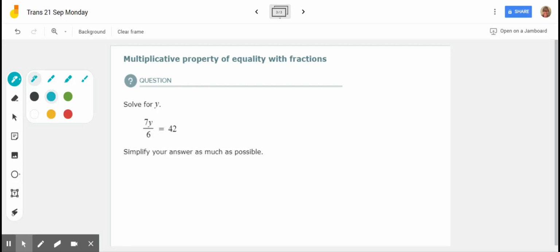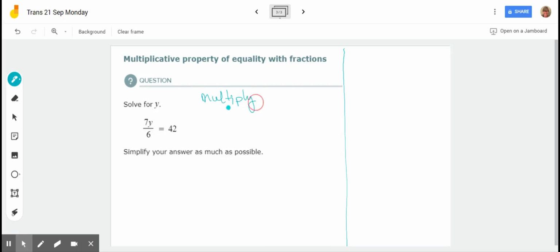This is actually a little bit easier. Okay, I'm going to show you two ways for this. The simplest way, which is to get rid of a fraction like this, you can multiply by the reciprocal. When you have this situation, it's 42/1.